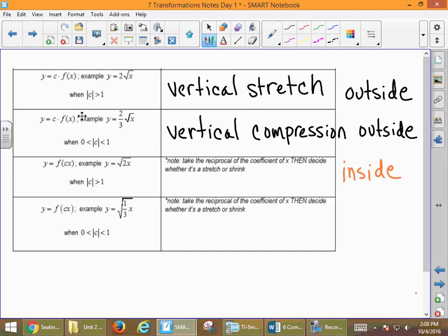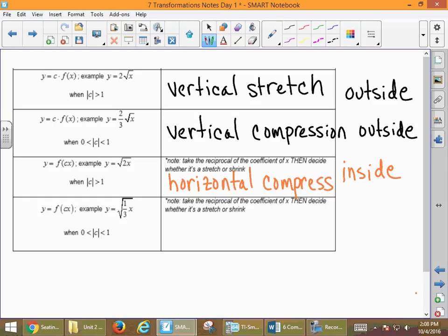But when we take the reciprocal of 2, we get 1/2, which means that this one would be a horizontal compression. And that's inside the function, so it's when our value of c is greater than 1.